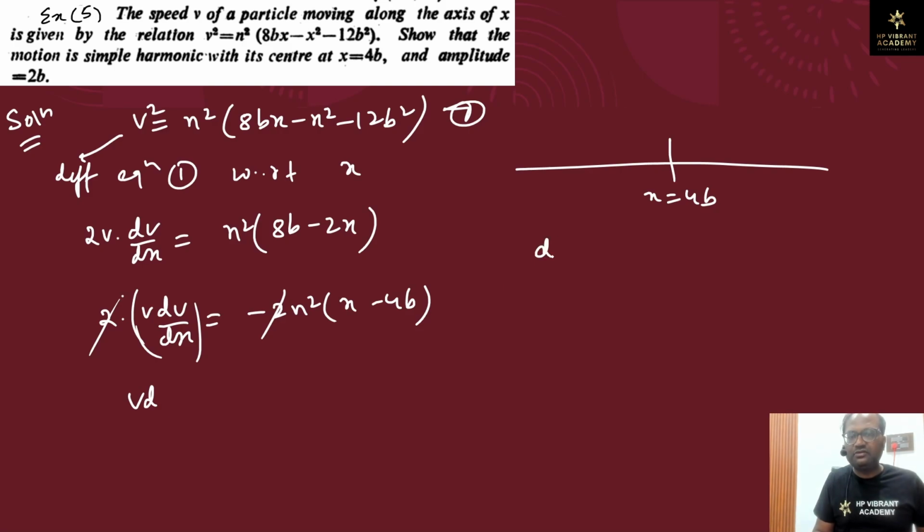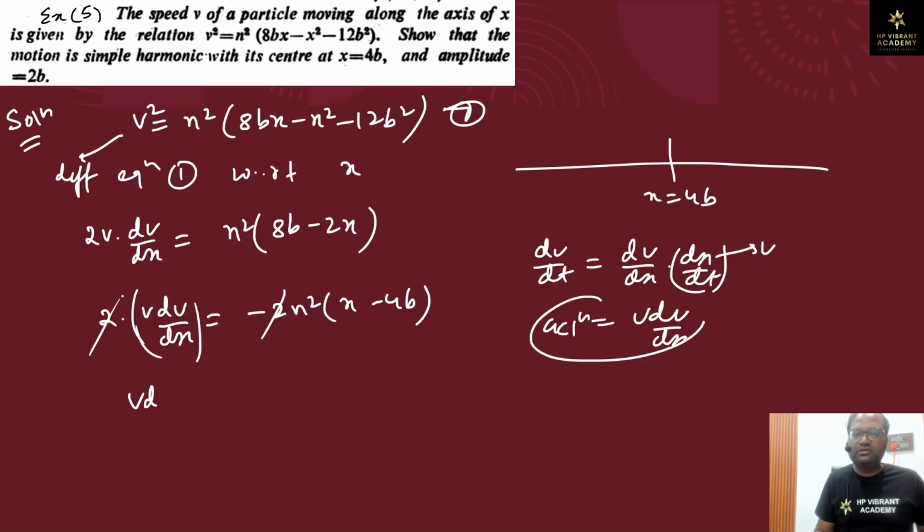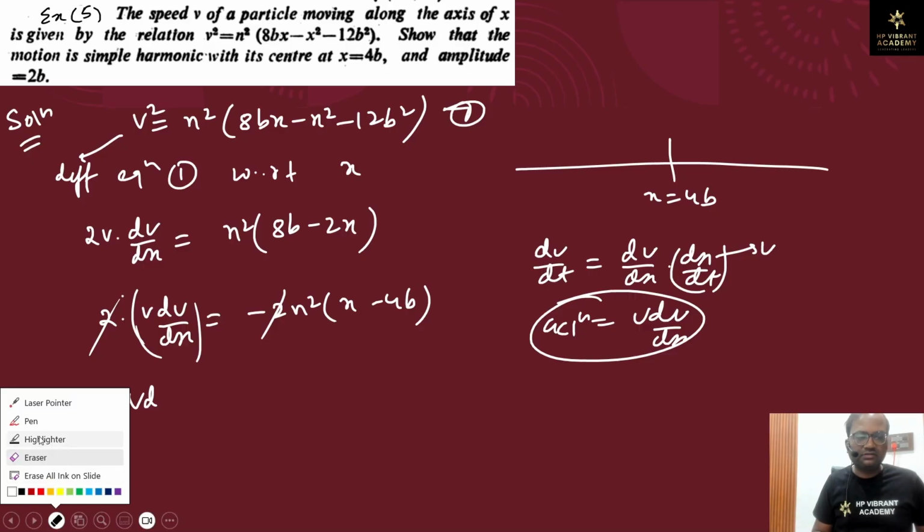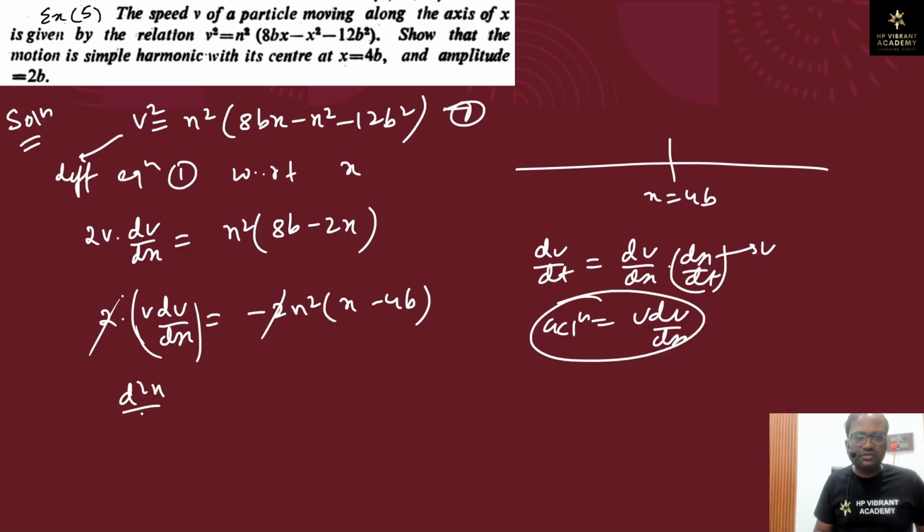So we can write dv upon dt as dv upon dx into dx upon dt, and dx upon dt is v. So this is v dv upon dx. This is acceleration. Okay, so we have the acceleration as d2x upon dt square equal to minus n square into x minus 4b.